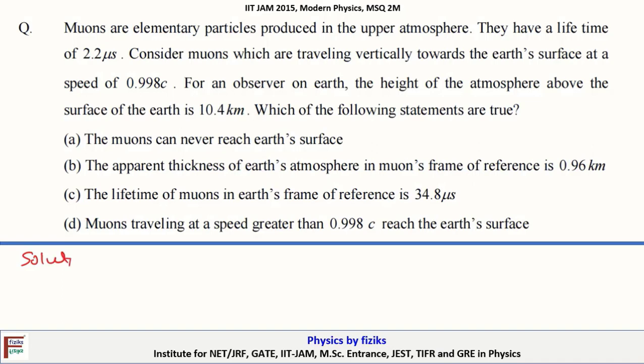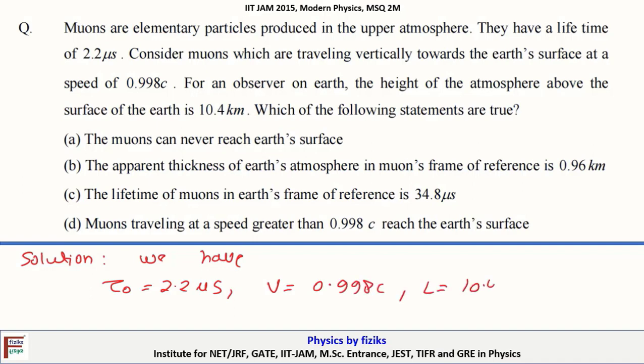Solution. We have tau 0 equal to 2.2 microseconds, v equal to 0.998 c, L equal to 10.4 kilometers, and c equal to 3 into 10 to the power 8 meters per second.